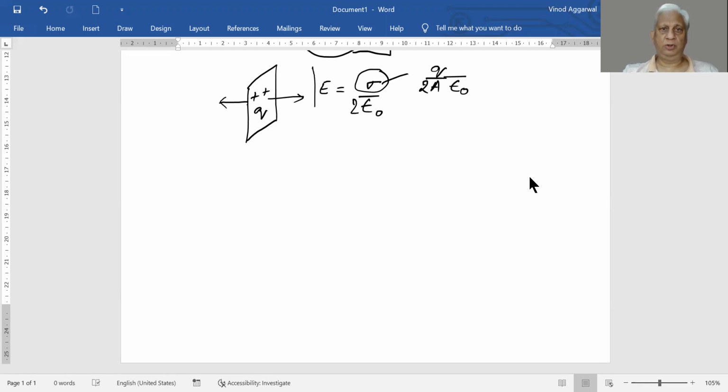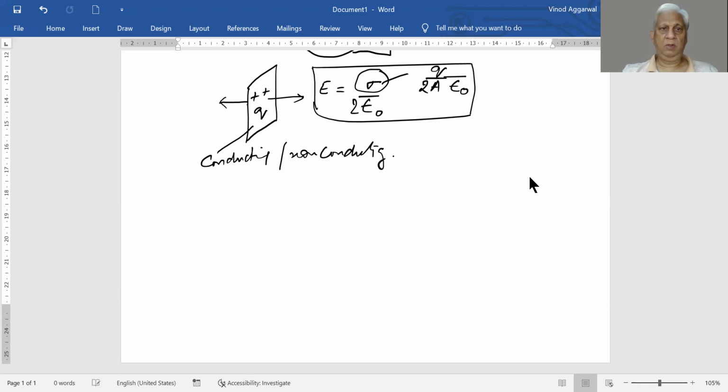Now, this formula holds irrespective of whether this sheet is conducting or non-conducting. But what we have to remember is the face. If I magnify the thickness of the sheet, Q charge is on this face of it.